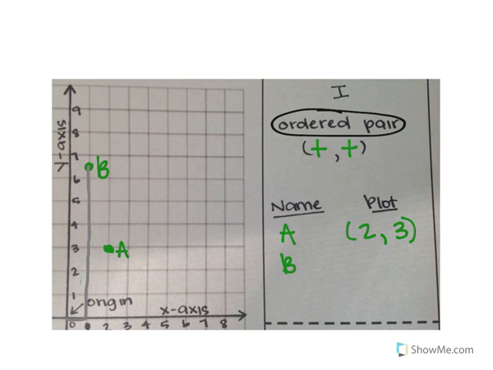Now, if you look here, plot point B is somewhere in between 6 and 7 on the y-axis. It's not quite at 6 and it's not quite at 7. This means that we're going to have a fraction in our plot point.